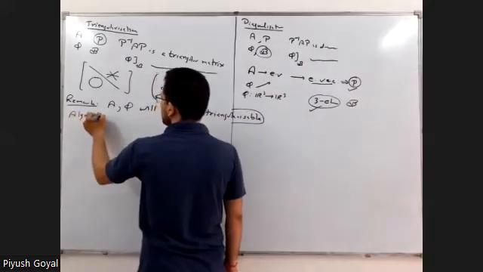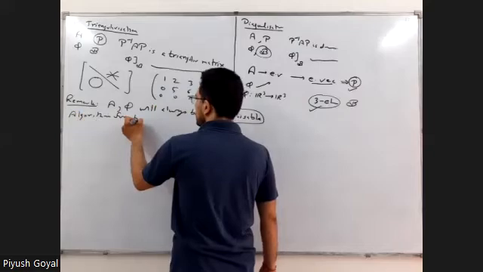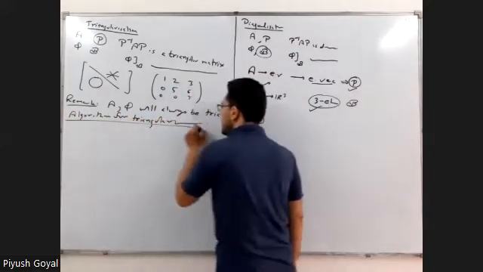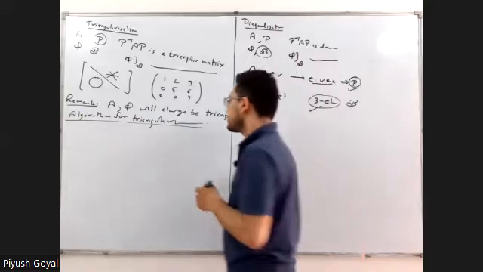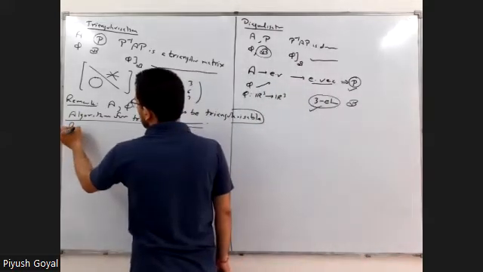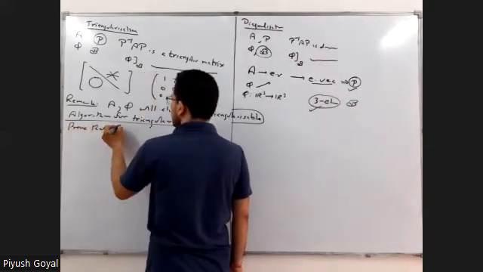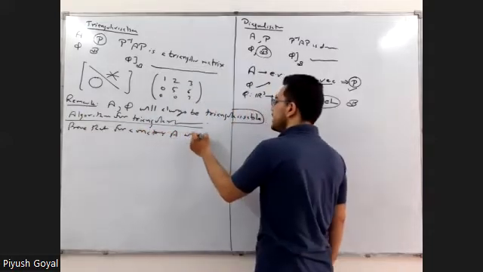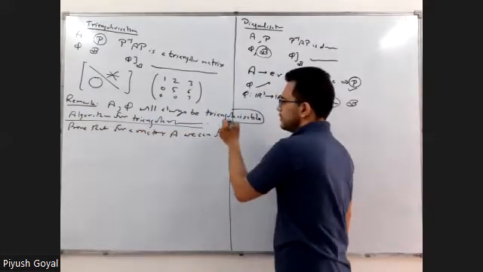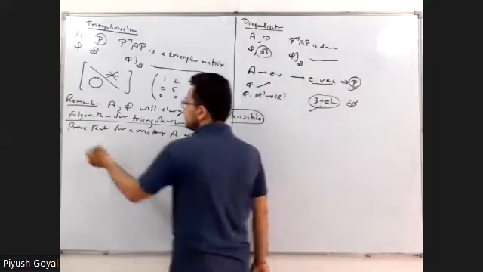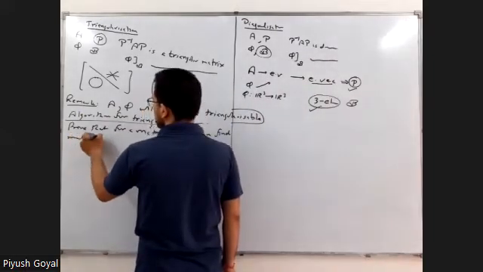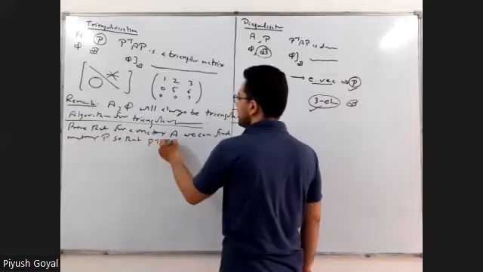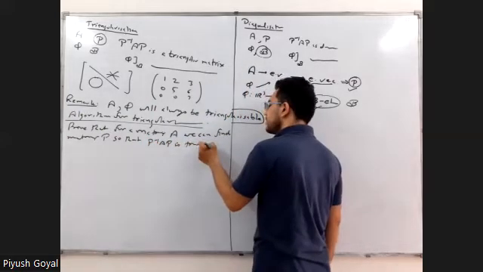Algorithm for triangularization, and at the same time it is a theorem also. Prove that for a matrix capital A, we can find a matrix capital P, so that P inverse AP is a triangular matrix.